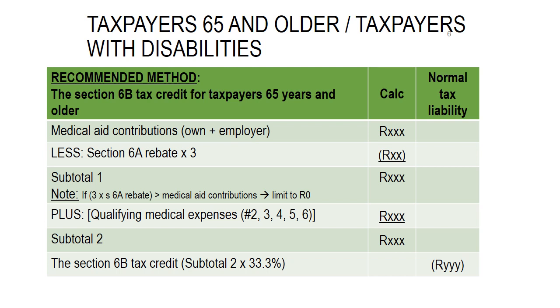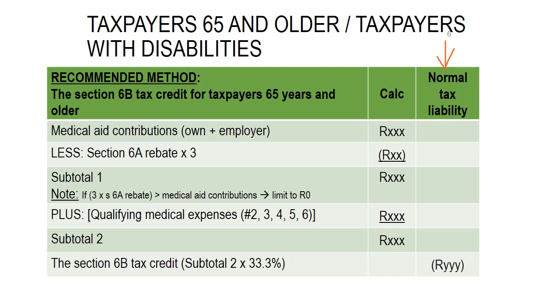But also for you, it forces you to go through the steps of this is where I start and this is where I'll end. So I use two columns here as well. The column on the far right will be where I'm doing my normal tax liability calculation. So this is the effect of the Section 6B tax credit.